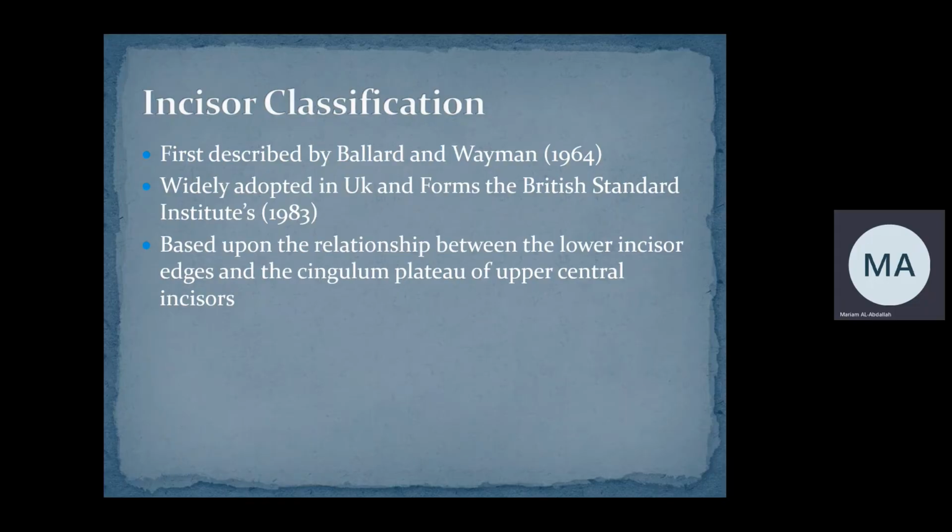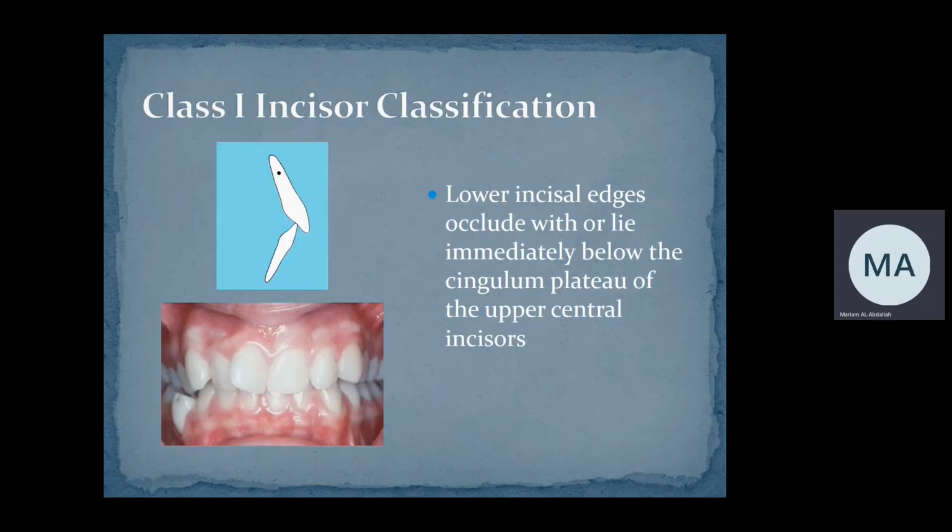So it depends on the lower incisal edge and the upper incisor cingulum plateau. So here, the lower incisal edge, if it occludes at or lies immediately below the cingulum plateau of the upper central incisor, we call this class 1 incisors classification. So this is a class 1 incisors classification.